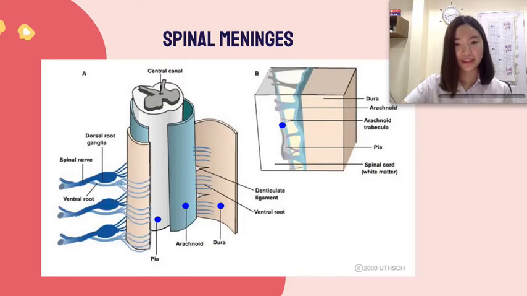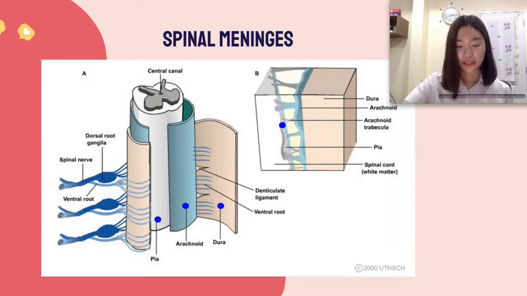And this is the spinal meninges. The cord is sheathed in 3 layers, which include the pia, arachnoid, and dura. The dura is the tough outer sheath, and the arachnoid lies beneath it.